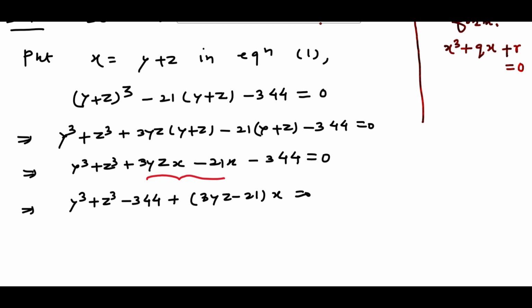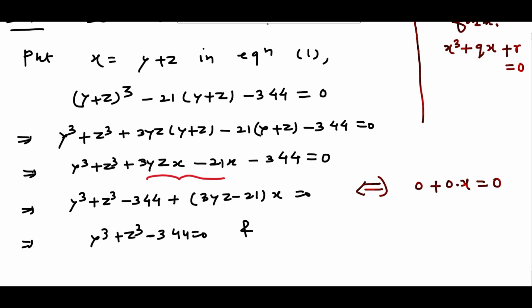And now further we need to compare with 0 plus 0 times x is equal to 0. So after comparing, we can write this whole equation becomes 0 if and only if y cube plus z cube negative 344 has to be 0, and the second condition 3yz negative 21 has to be 0.